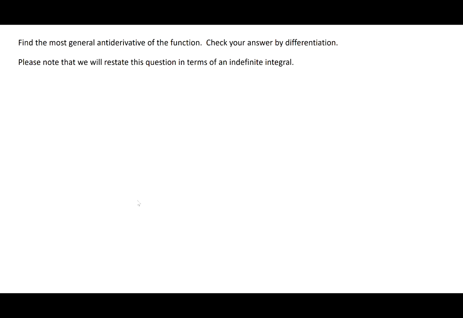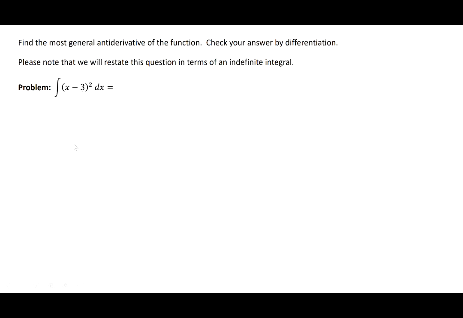So we can restate that question in terms of an indefinite integral, and that's what I will do. Your book may say find the most general antiderivative of blah blah. I'll say, oh, you mean integral? Yeah. So your book actually has this as find the most general antiderivative of (x minus 3) squared. I changed it to what's the integral of (x minus 3) squared. Okay.